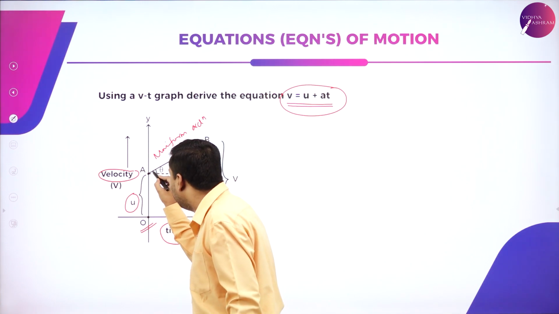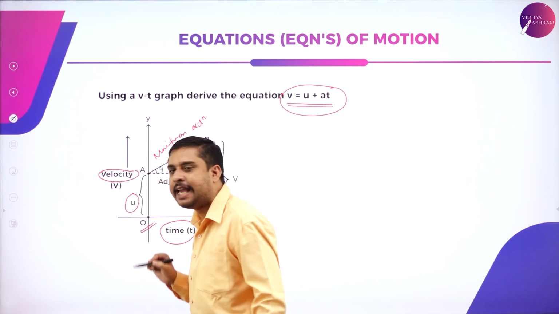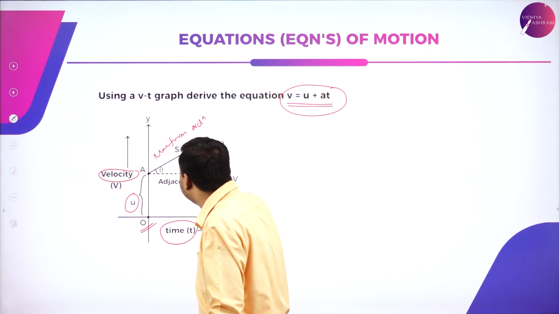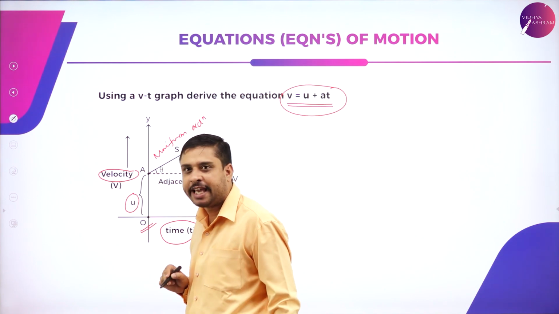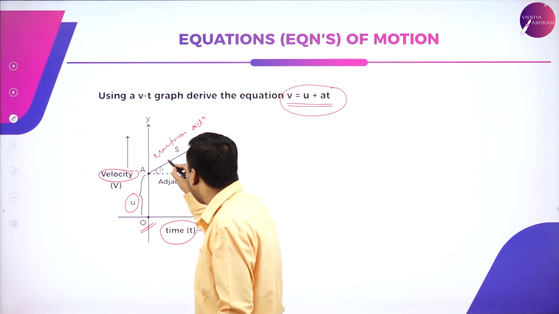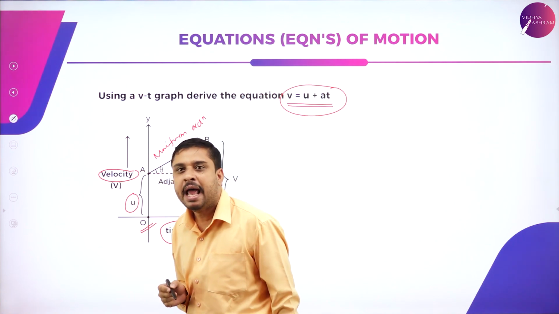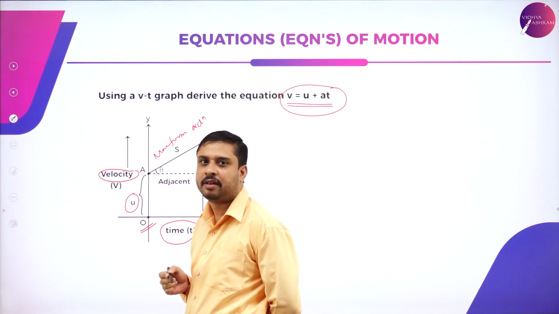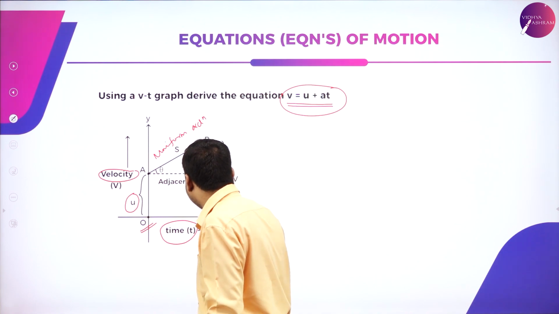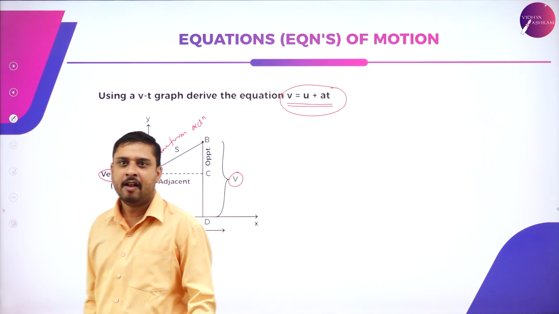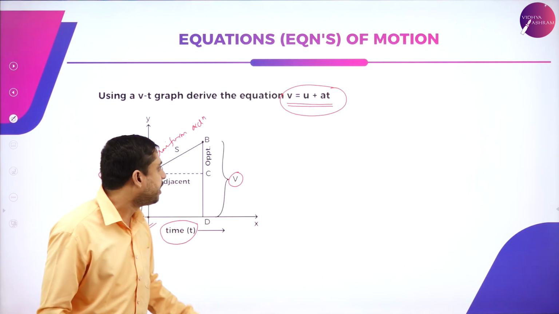Once it has reached the point A, it uniformly displaces itself along AB, and along AB, it has uniform acceleration. And finally, BD is the final velocity of the body.